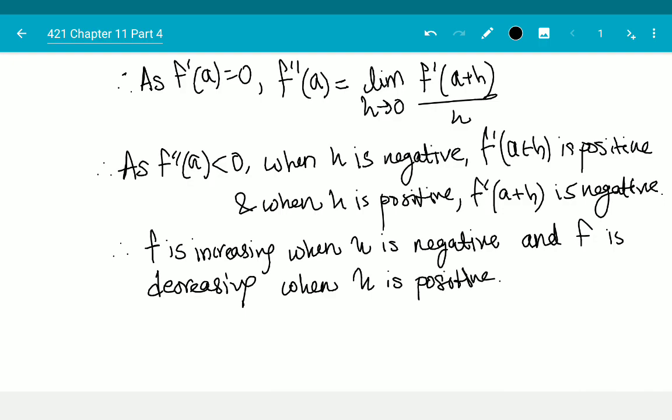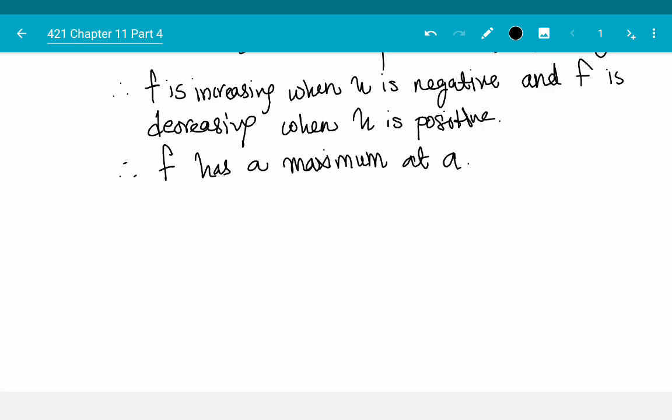Well, if f is increasing when h is negative and decreasing when h is positive, therefore that means f has a maximum at a, right? Because if I look at the image, what is the image going to look like?